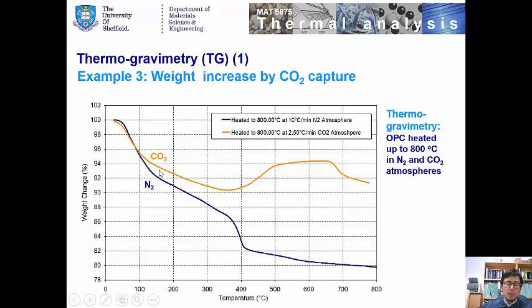Cement is quite interesting because it reacts with carbon dioxide and it captures. And based on these, it is possible to calculate in total how much carbon dioxide is captured by comparing these two data.